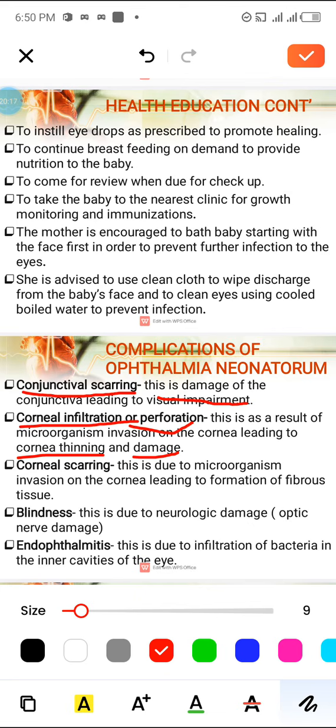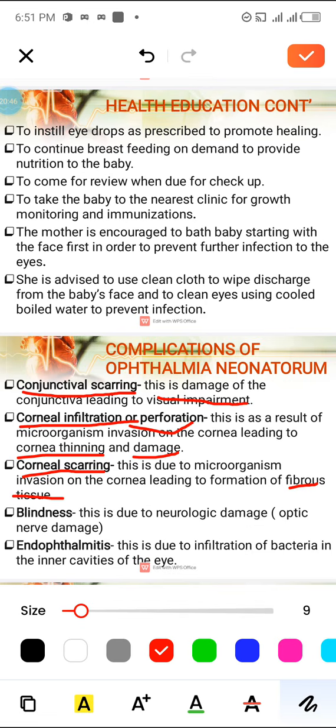What about what we call corneal scarring? Corneal scarring means that again we're looking at a microorganism that has invaded the cornea, and it is causing the cornea to become fibrosed, creating a fibrous tissue, something hard, a hard tissue that is being formed. So the baby's eye or vision will be impaired.